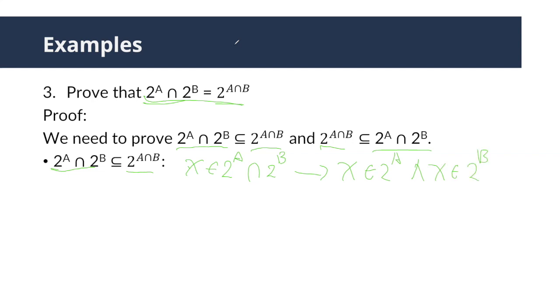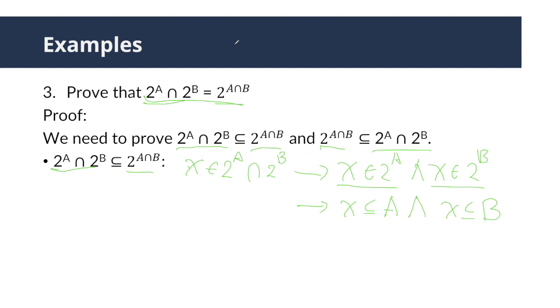What do we do next? We can use the definition of the power set. Since X is in the power set of A, what that means is X is a subset of A. And since X is an element in the power set of B, X is a subset of B. Now what do we do?